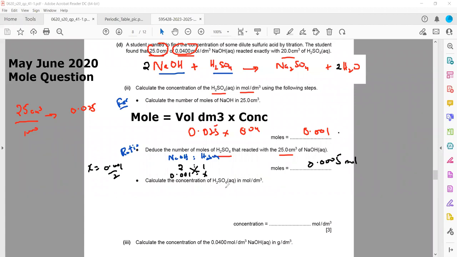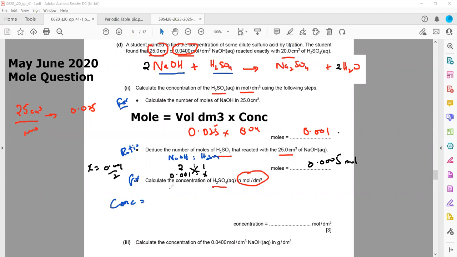Then we need the concentration of sulfuric acid in mole per dm cube. To get the concentration, again, we will use a formula. And what formula will we use? The same formula which we used for the first part, that moles equal concentration into volume.